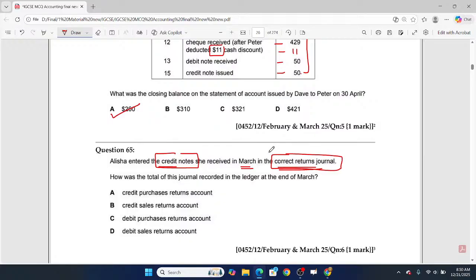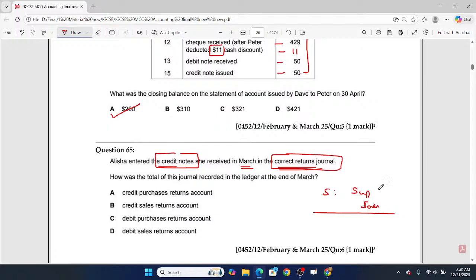Now, when she is able to get the credit note on sales, the entry being customer and sales, customer debit and sales is credit.